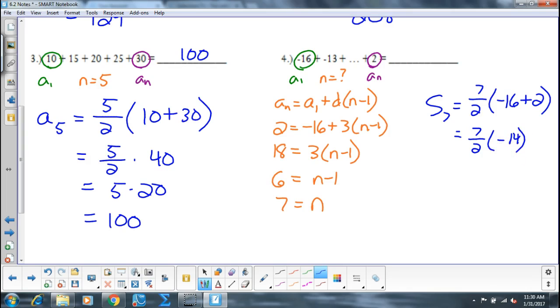So that's 7 halves times negative 14. So that's positive 7 times negative 7, which is negative 49.